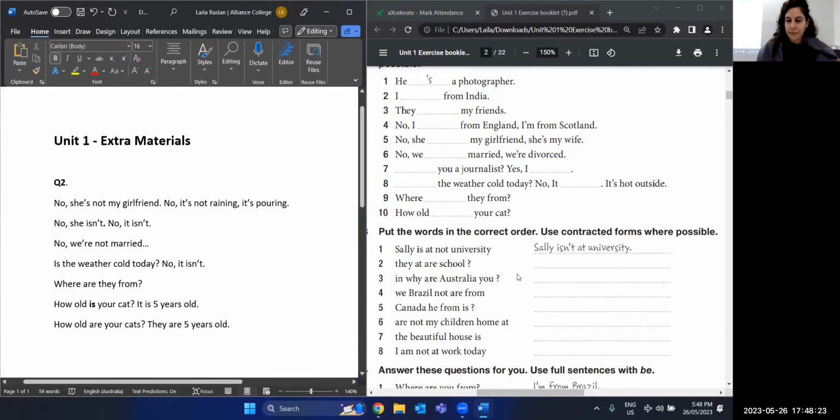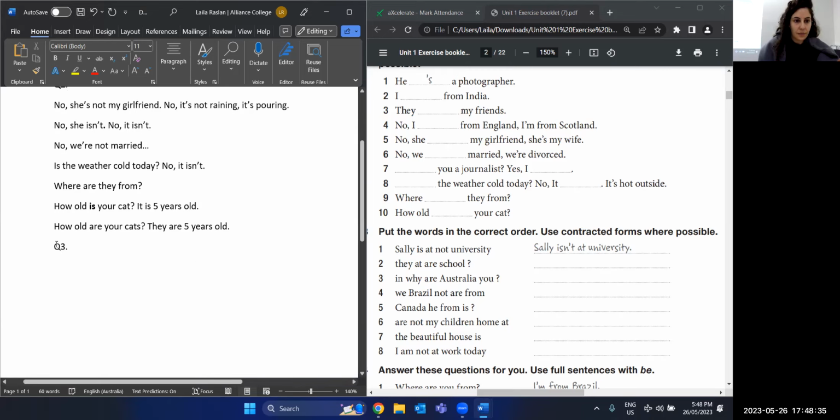Okay, so 2, it's a question. So start with the verb. So what would that be? Not they, because it's not a normal sentence. Oh, hey, guess what? They are really nice books.